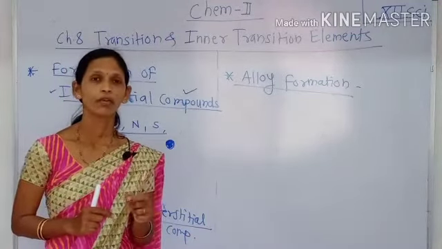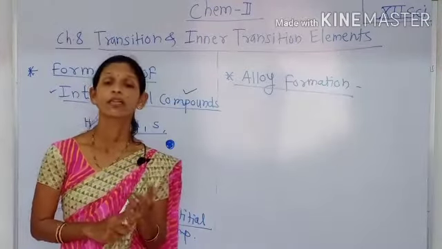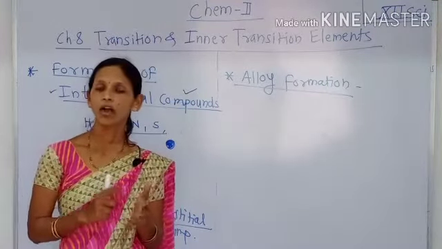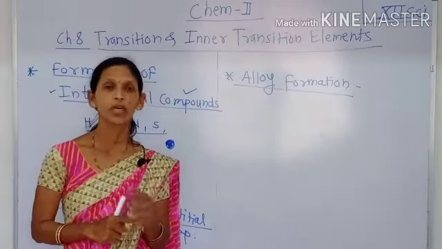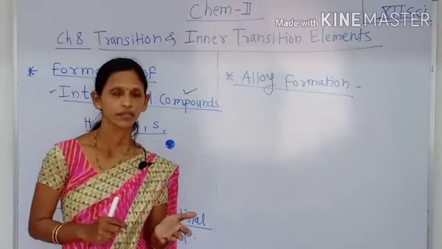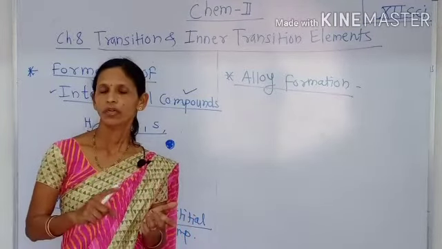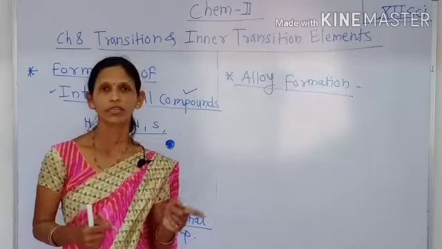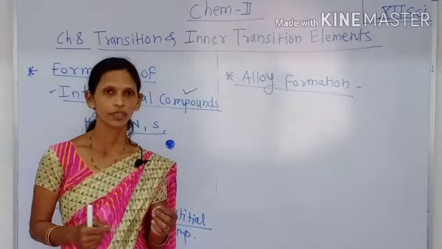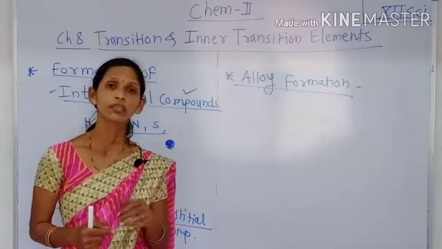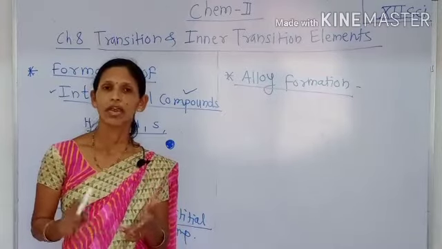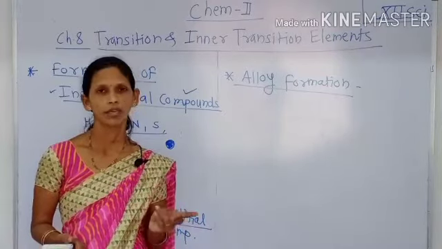For example, steel is an interstitial compound of carbon and iron. Steel is harder than iron. Iron is soft and reddish in color, but steel is grey or silver in color and harder than iron.